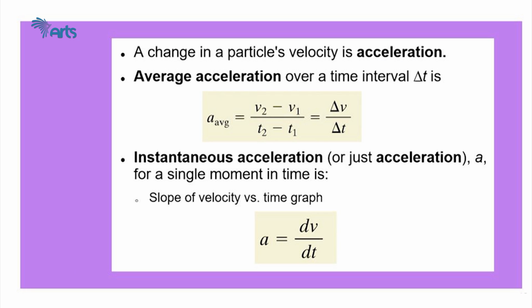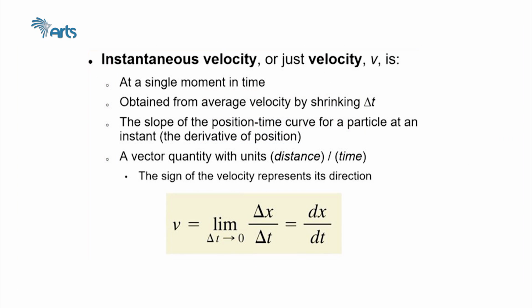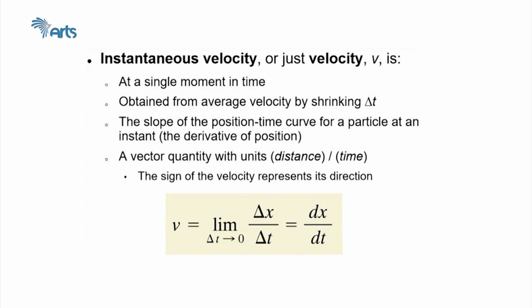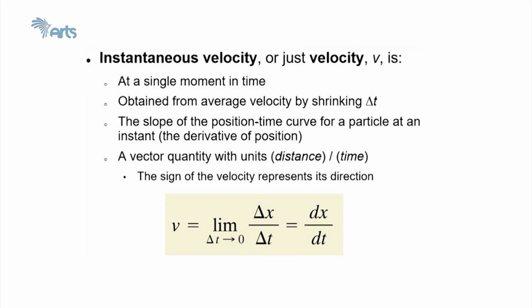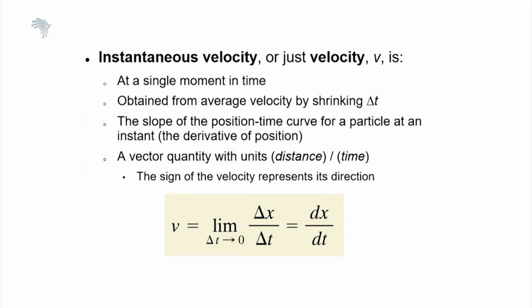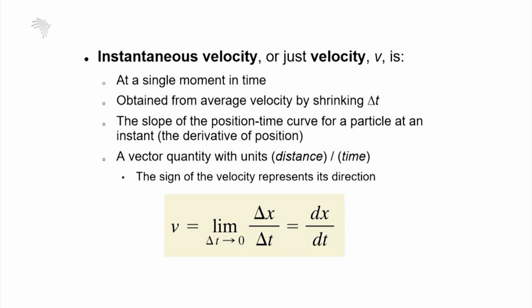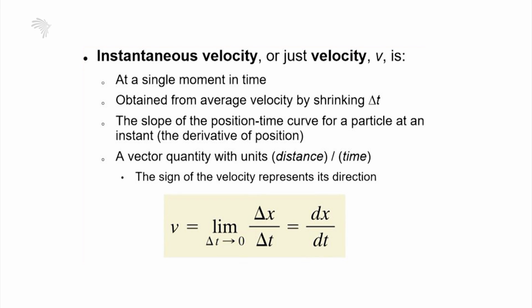Average velocity is defined as the time rate of change of displacement, meaning it is the change in position per unit time. In this case, velocity is a vector physical quantity and its SI unit is meter per second. The other type of velocity is instantaneous velocity. Instantaneous velocity is defined as the velocity of an object at any instant of time, or the velocity of an object at a single moment in time.